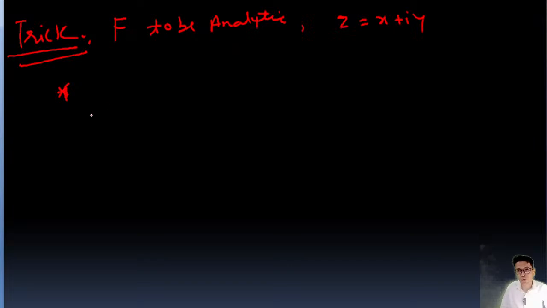For f to be analytic, x and y, the real part and imaginary part of z, or x comma iy, shouldn't be in the function. I'll solve the question, then it will be clear. As of now just write it.